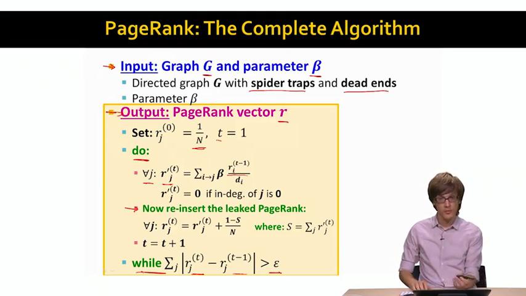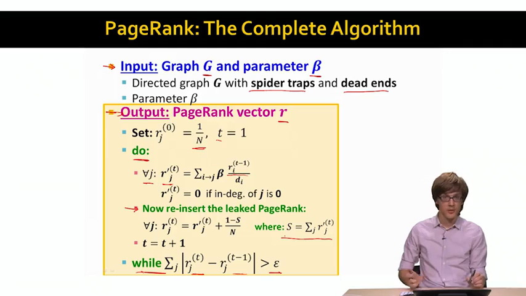So what we do here is the following. We compute the sum of the components of our PageRank vector R so far. We call this S. We expect S to be less than 1, which means that 1 minus S amount of PageRank has leaked out.